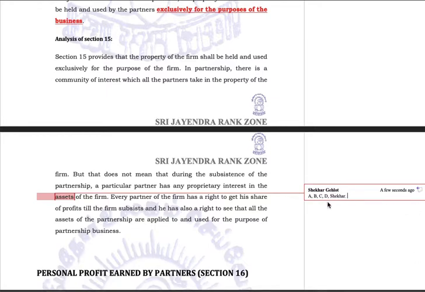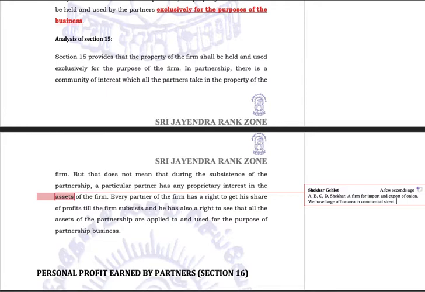Shekhar is me here. A, B, C, D, and I, Shekhar. We five people set up a firm for, suppose, import and export of onion. We have a large office area in a commercial street.